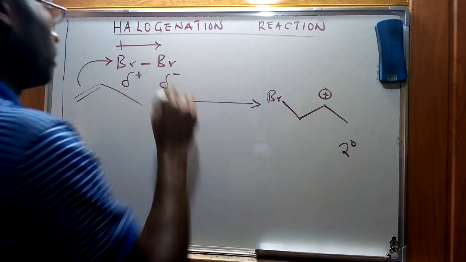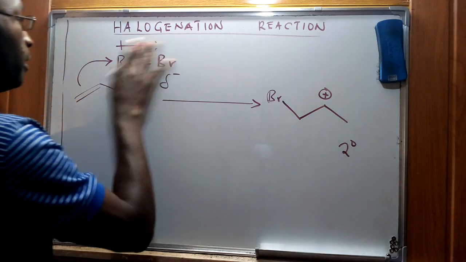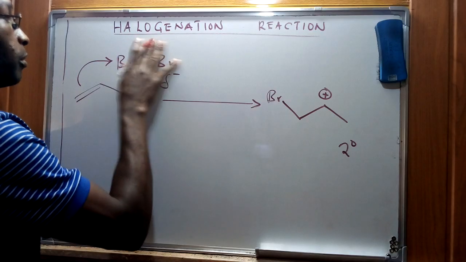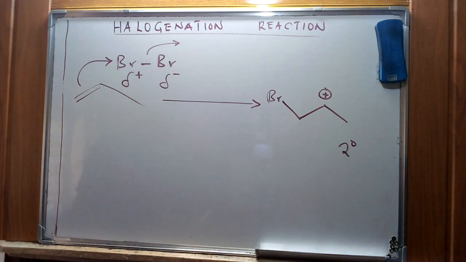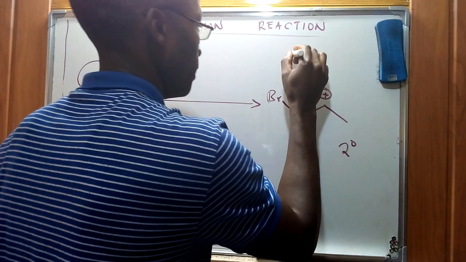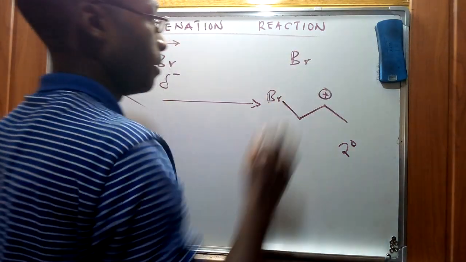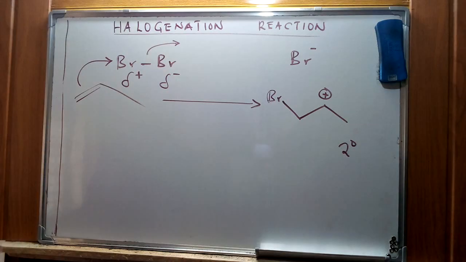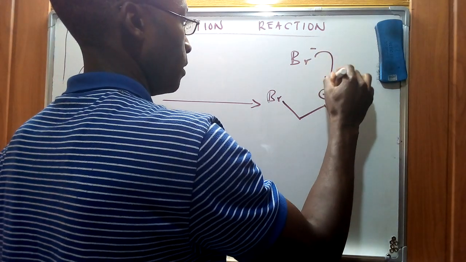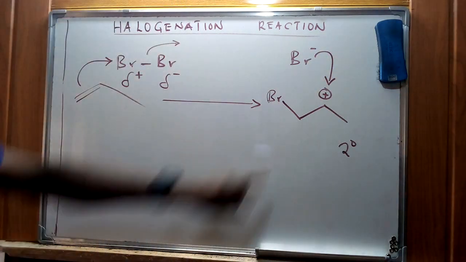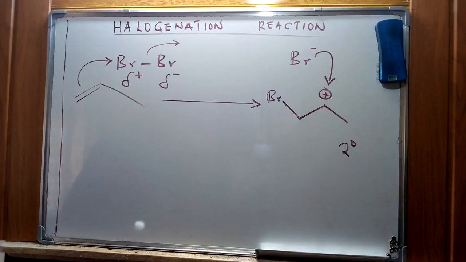So we had said that this electron-rich part is going to be in contact, so this is going to act as a leaving group, and in this case we're going to have this bromide ion in this second stage, whereby it is going to attack that specific part of the secondary carbocation.